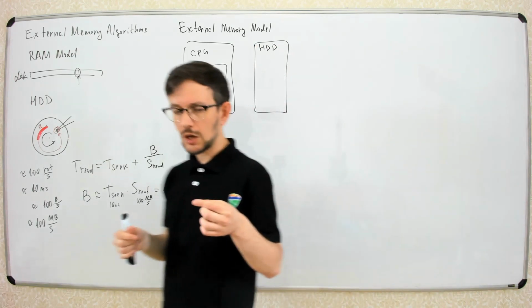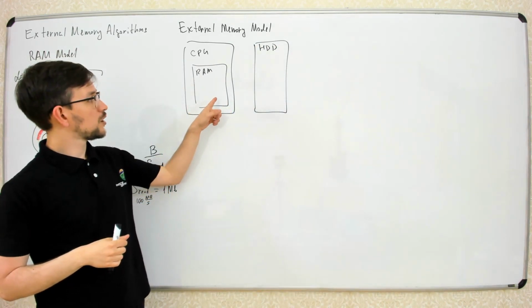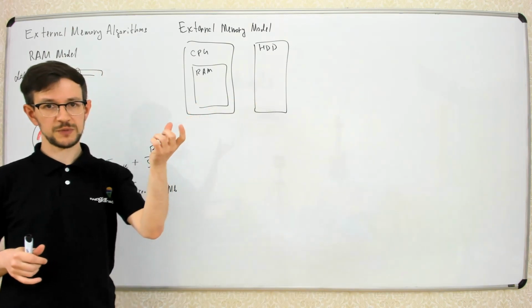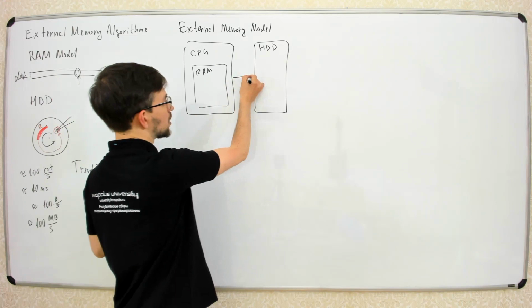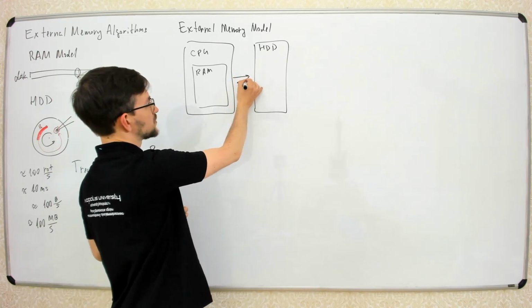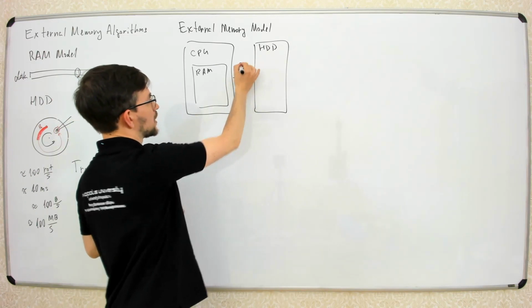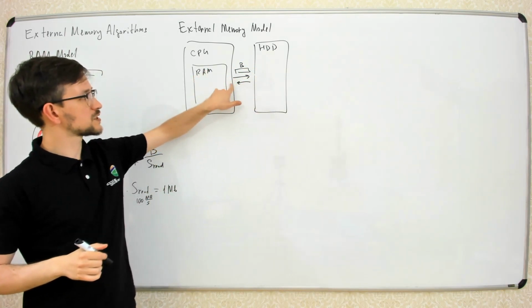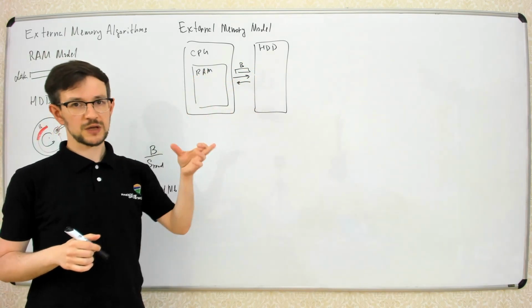You transfer the data from here to here and back in blocks of size B. So you can write data in blocks of size B or read data in blocks of size B. Every interaction between your local memory and hard disk is by reading or writing a block of size B.